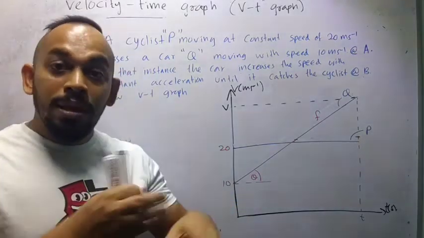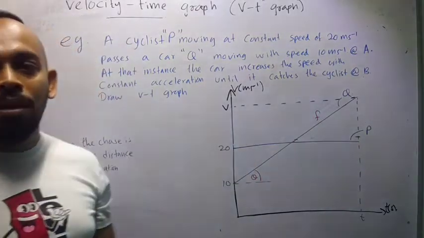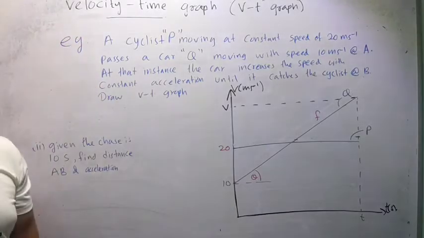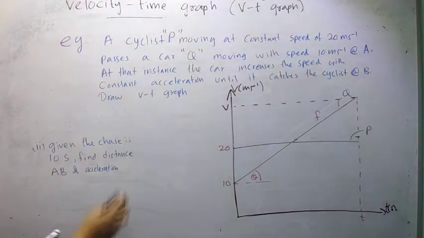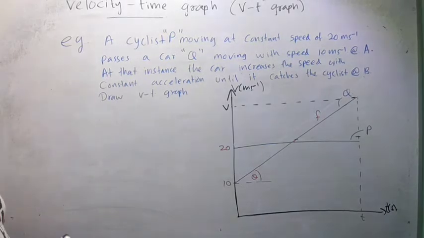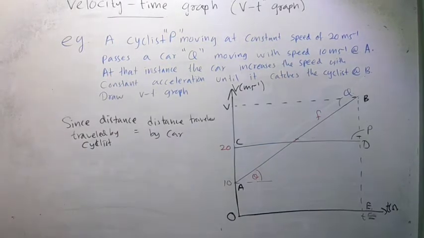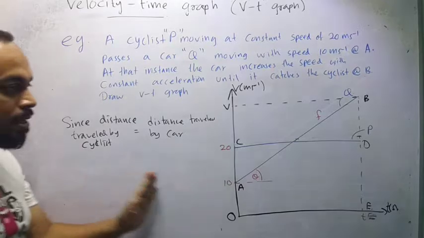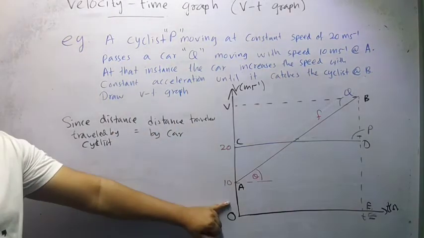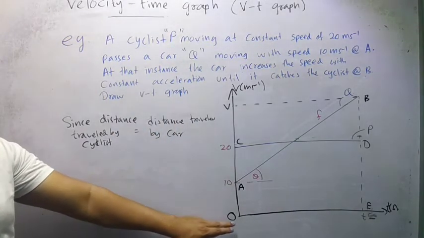Now let's equate the areas and get the answer. Since the distance travelled by the cyclist is equal to the distance travelled by the car, we measure the distance starting from t equals 0.